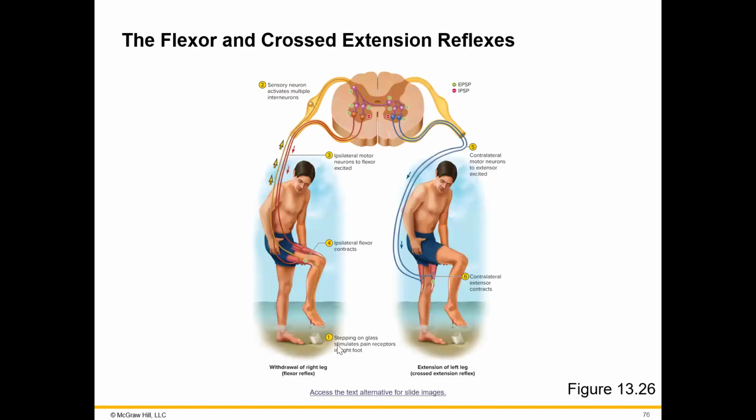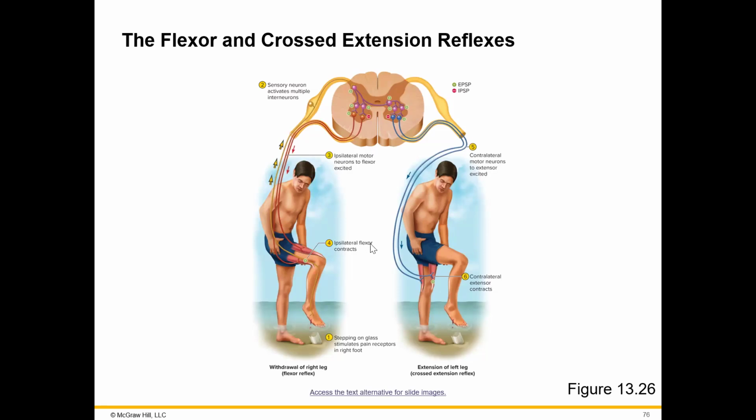So when you step on glass, it stimulates pain receptors in the right foot. Then a sensory neuron activates multiple interneurons. Then ipsilateral motor neurons to the flexor are excited, so that's the ipsilateral stimulation of that muscle. But contralaterally, you have motor neurons to the extensor.